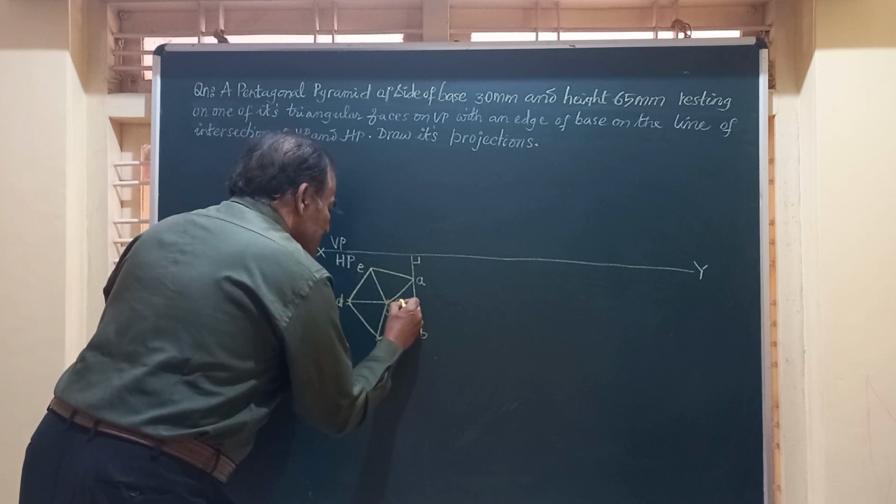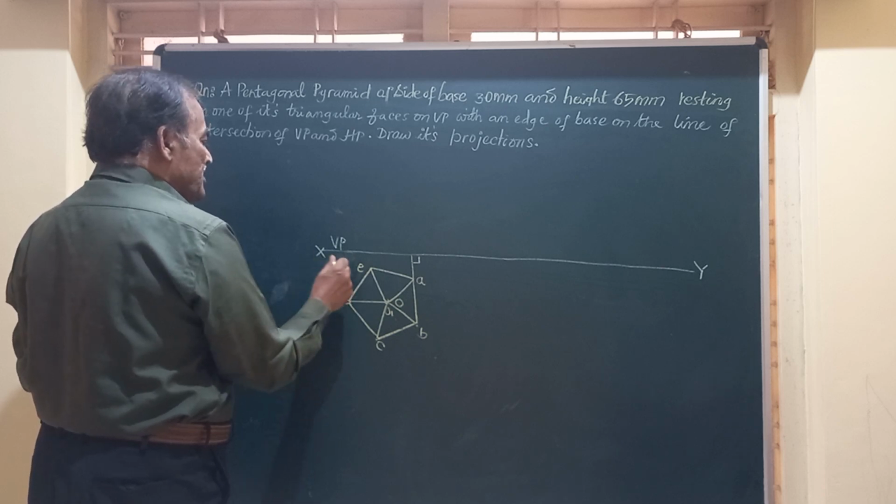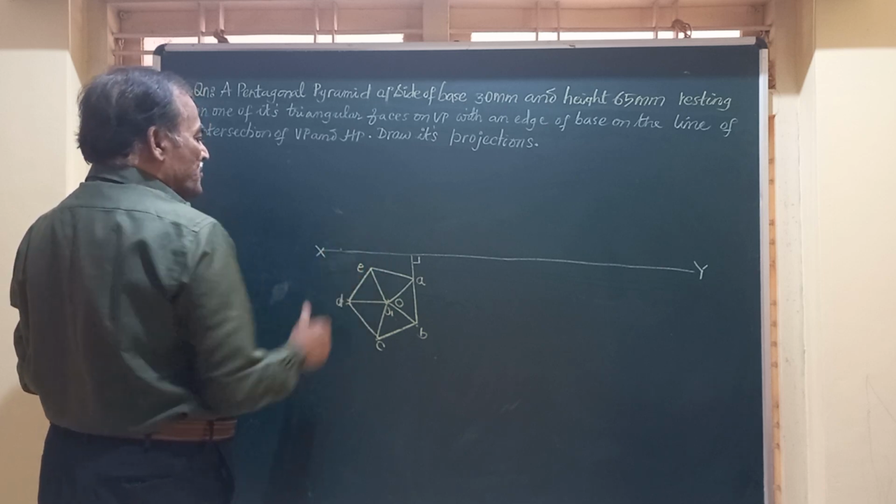So we will call this O, the vertex of the solid. You have now drawn the top view of the solid.